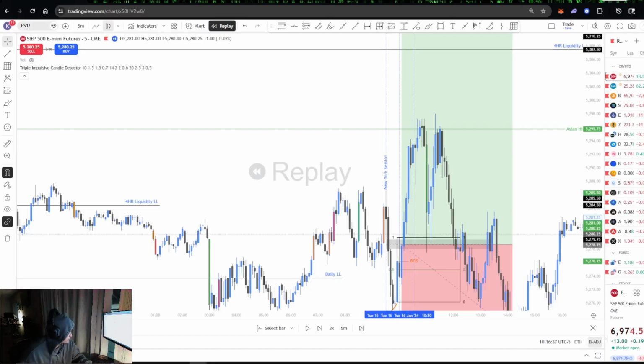So I placed my equilibriums on recent highs and recent lows. The only thing is that the candles did not reverse back down and kept going up.